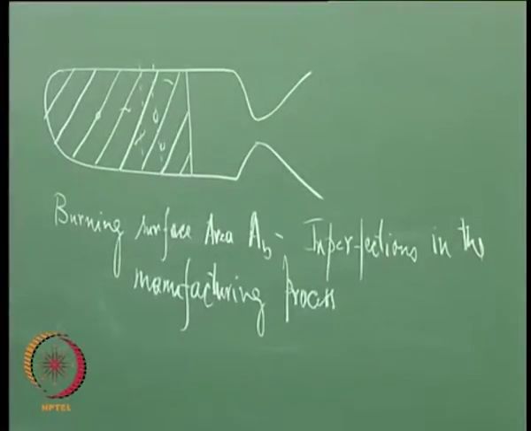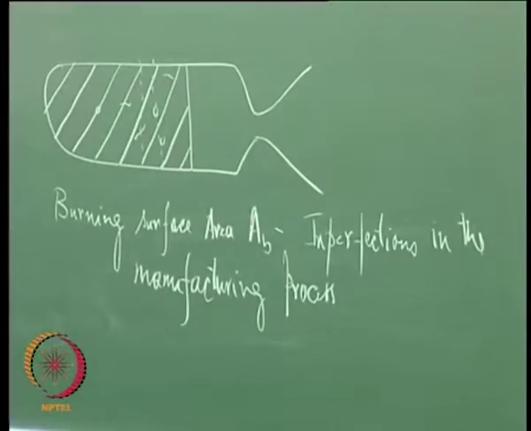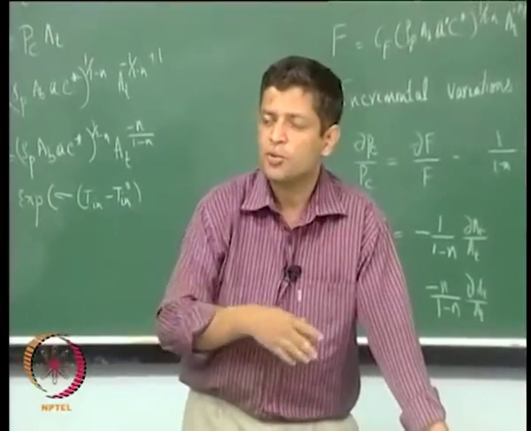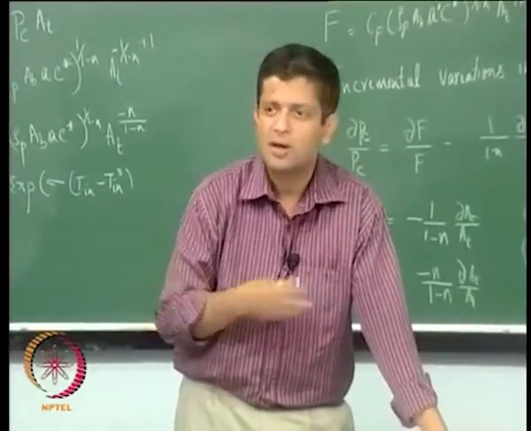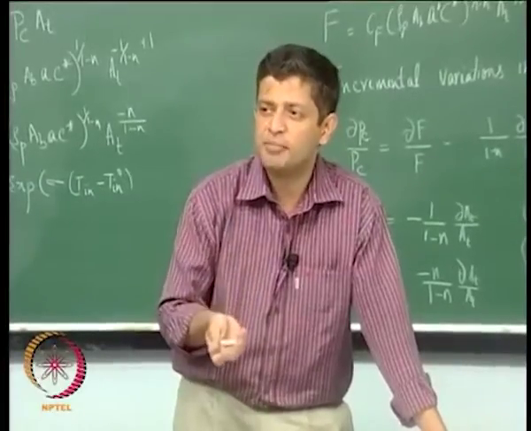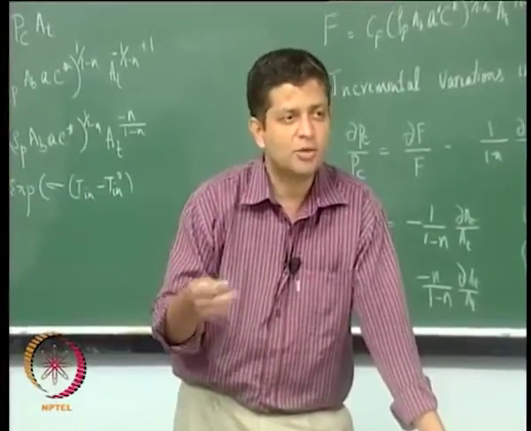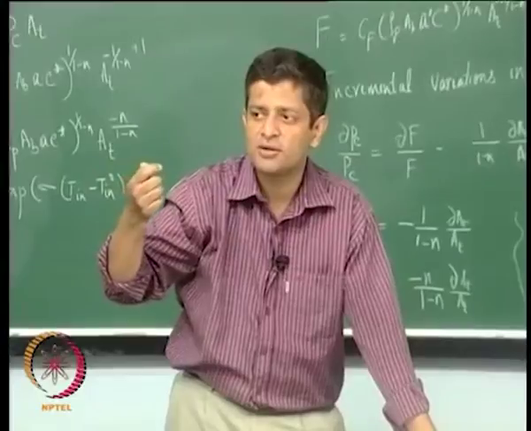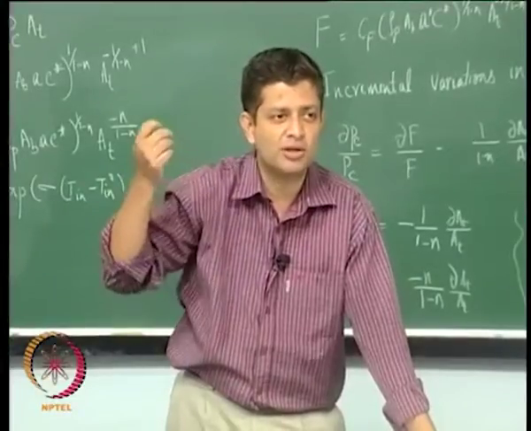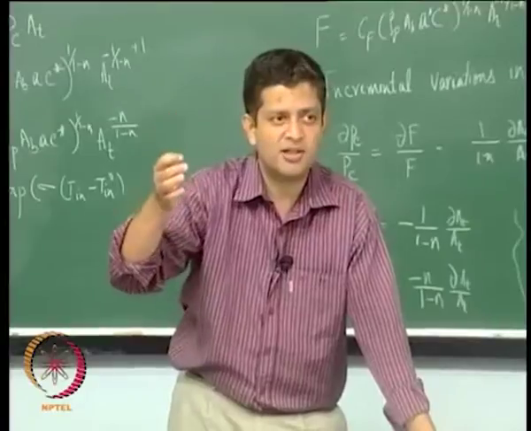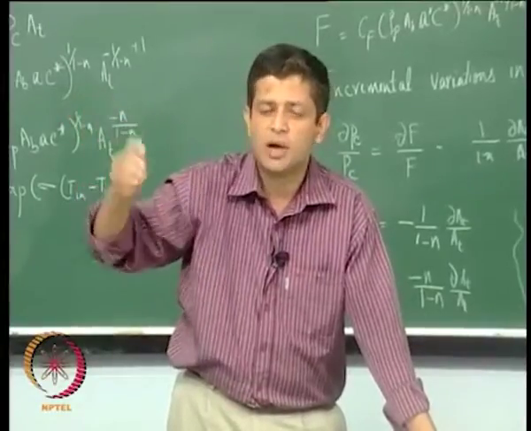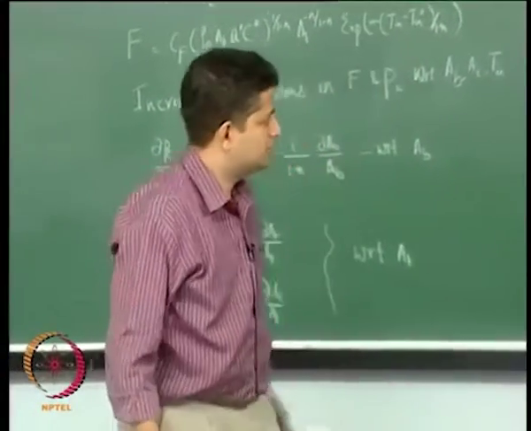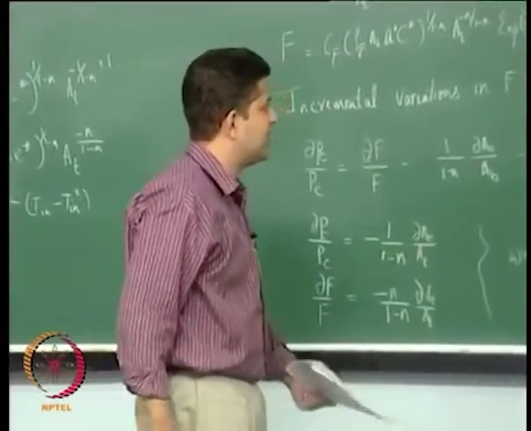These could be, propellants are made in one place and then moved to another place to the launch pad, right. So, during the transportation the damage could be accentuated, that is, it could be increased. And also if you are looking at higher stages having a solid rocket motor, due to the enormous vibrational loads that come on the propellant while the first stage is burning, let us say, then these imperfections could also be increased there. Okay. So, we now know how burning surface area will change.